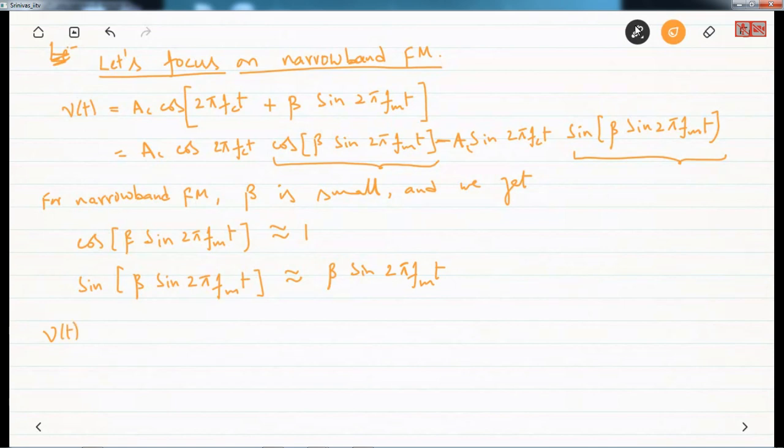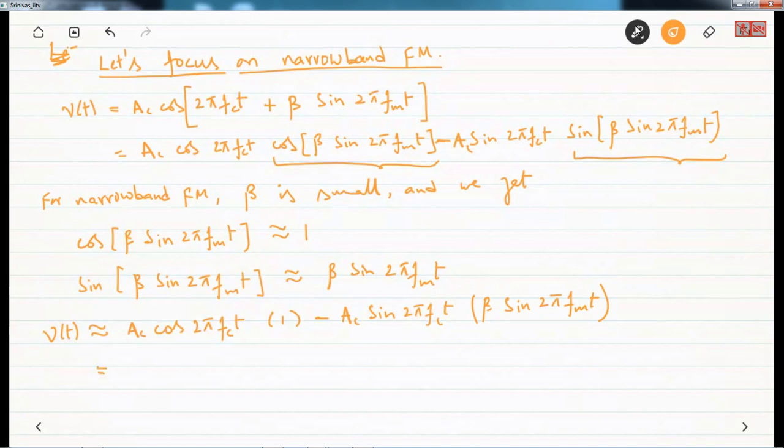Now v of t is approximately equal to Ac cos 2 pi fc t into, in place of cos of beta sine 2 pi fm t, we put only 1, minus Ac sine 2 pi fc t into, in place of this, only beta sine 2 pi fm t, right?